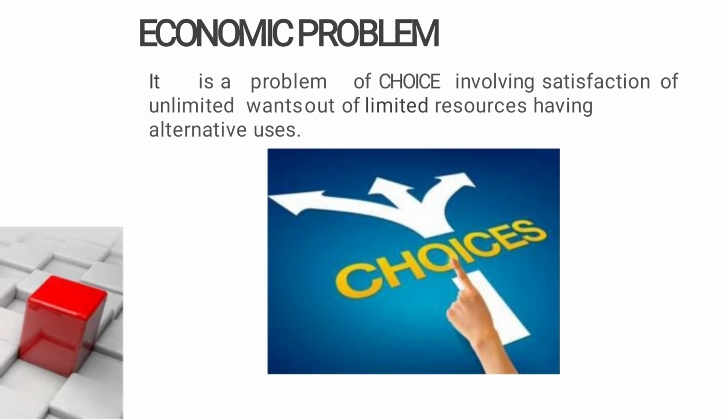So now choices become another option, because man's wants are always unlimited. But what about the resource? Resources are very scarce. So a man has to think about alternative sources. This has become a very great problem in the economy. So choice.